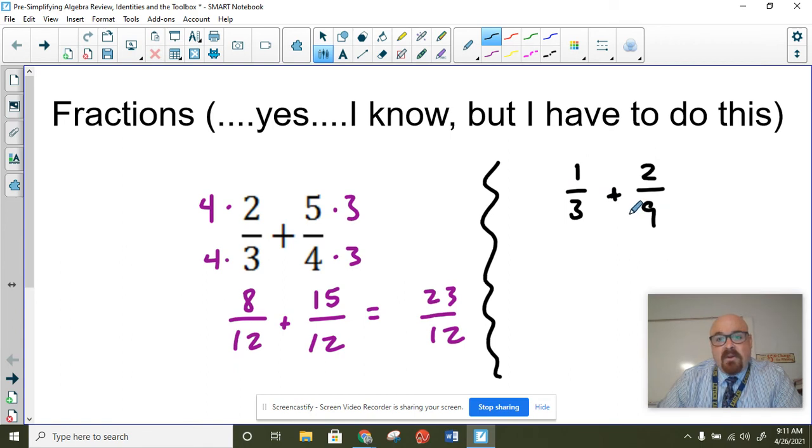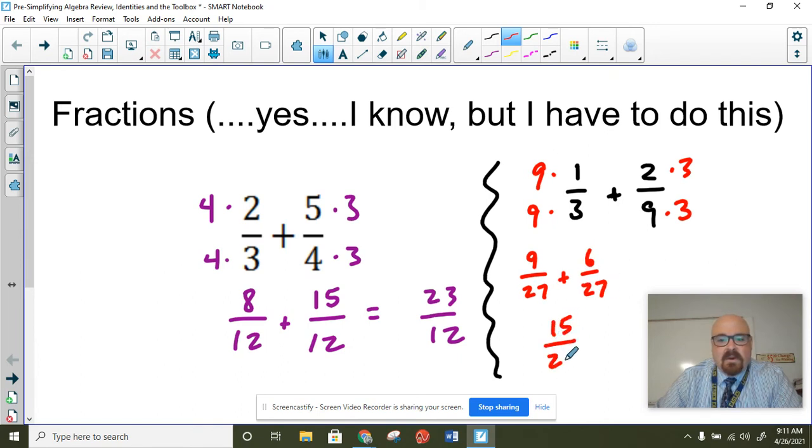What we're about to start doing, it's not going to be as obvious what the least common denominator is, okay? So even though it doesn't make a whole lot of sense right now, I'm going to multiply this by 3 and I'm going to multiply this by 9, just to illustrate one concept here. When I do this, I get 9 over 27 plus 6 over 27, which is 15 over 27.